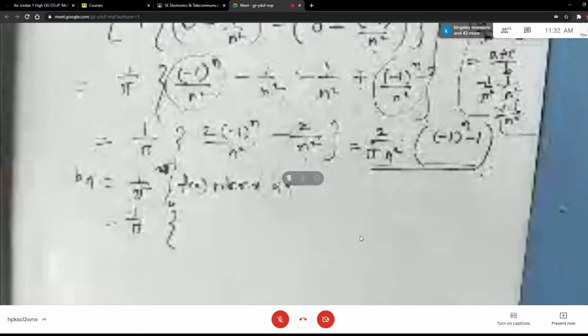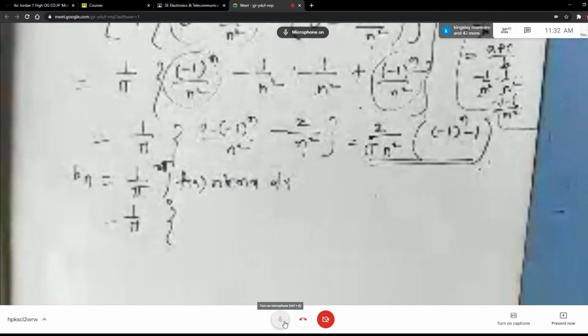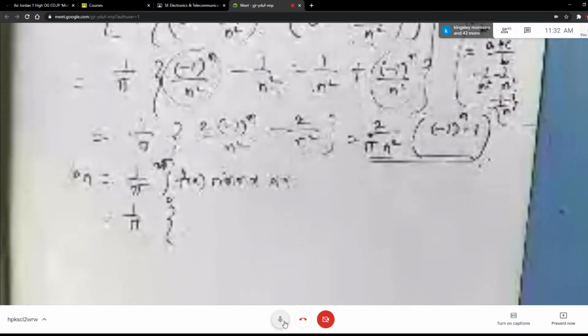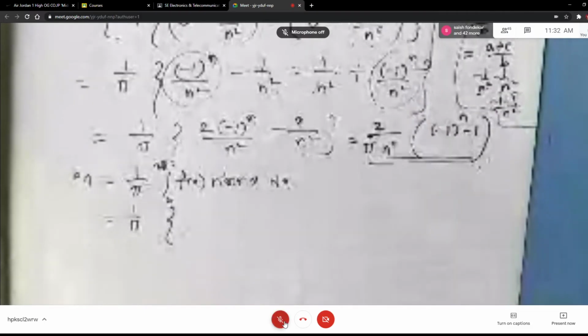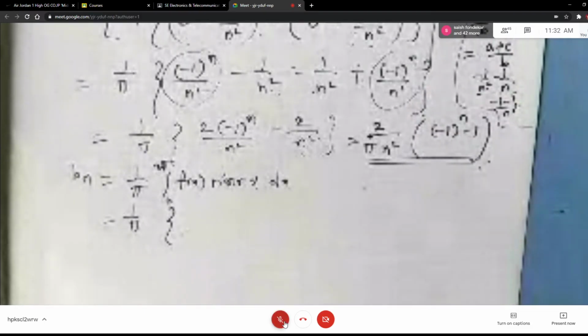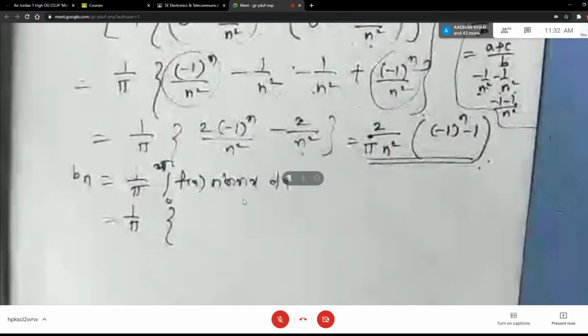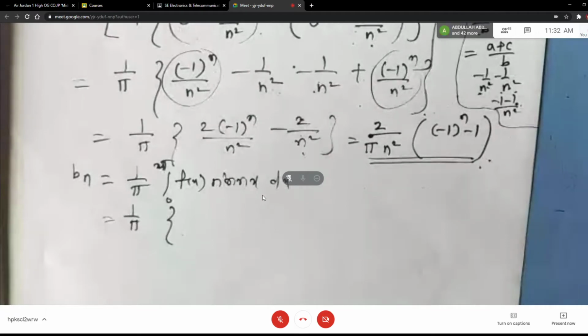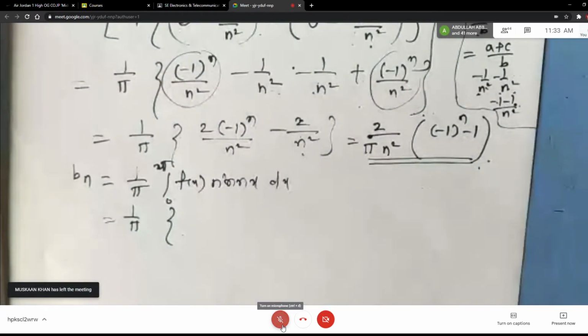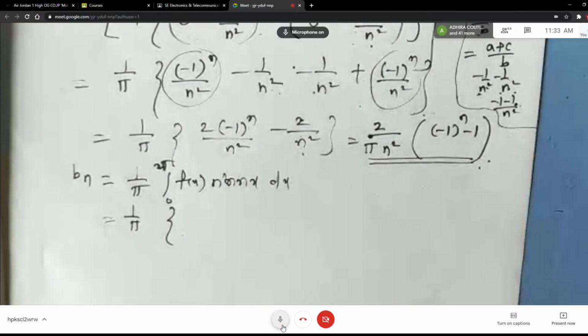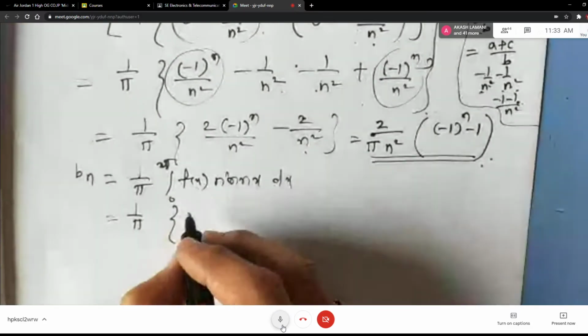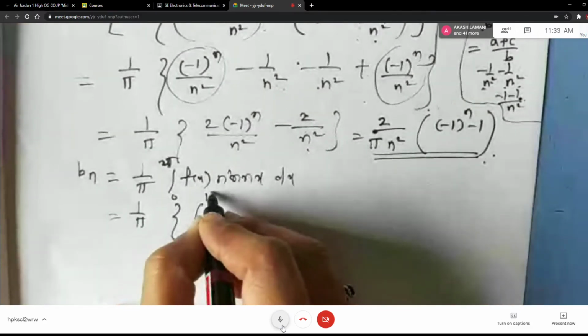Ishan, you tell. How is the splitting and what is the function? What are the limits of the first integral? 0 to pi. What is f of x there?